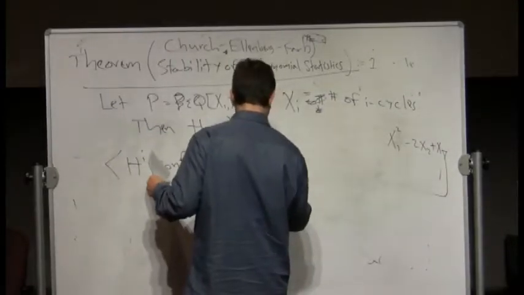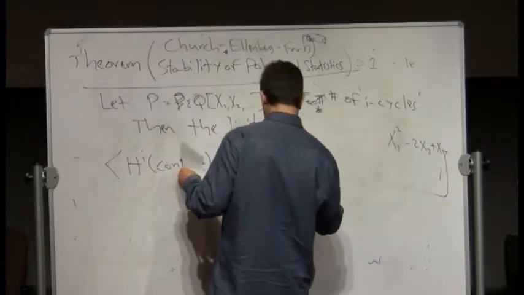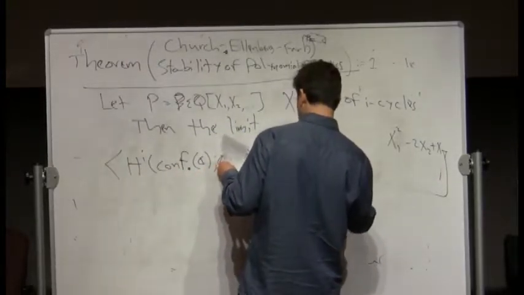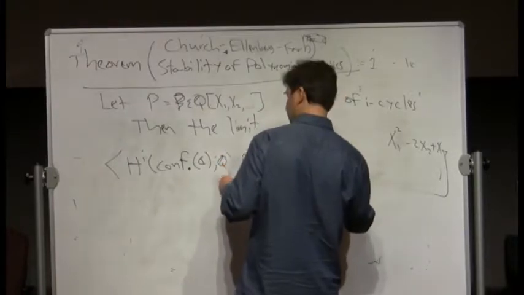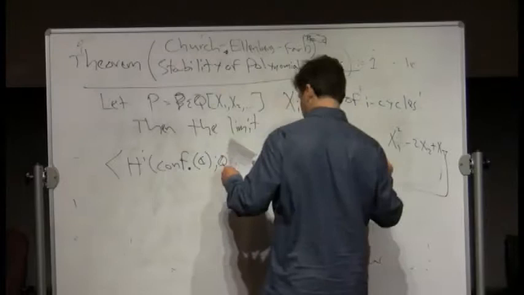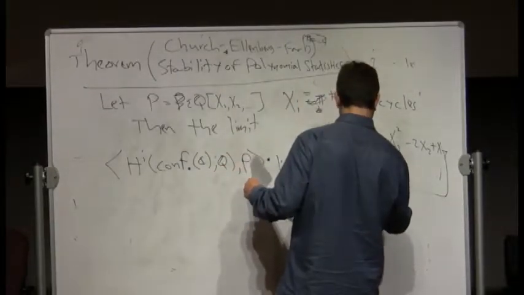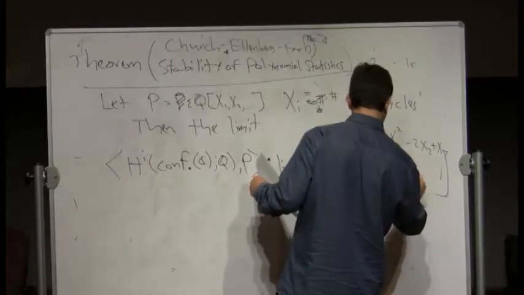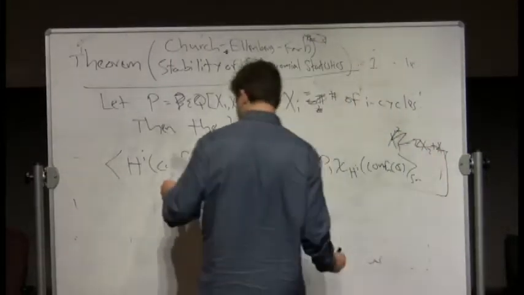I'm going to define this to be, let me write it down first and then I'll comment, the limit as n approaches infinity of these multiplicities of the character of Conf_n(C), S_n.